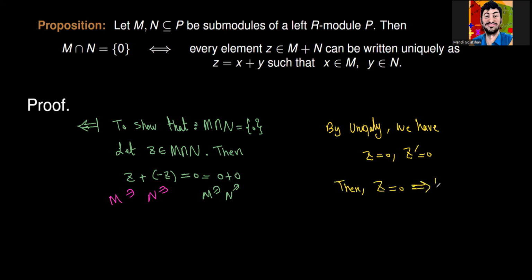Then we can conclude that M intersection N is equal to 0. That's it. We have the same proposition in linear algebra; it is only generalized here, and it's a very similar proof. So the proof is done.